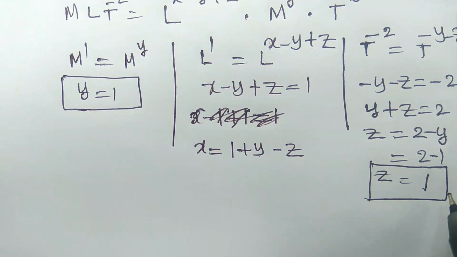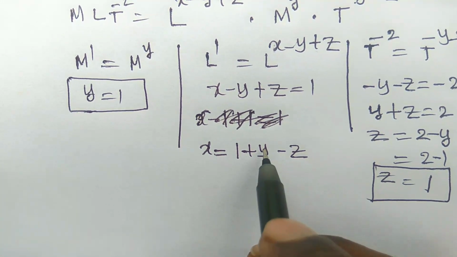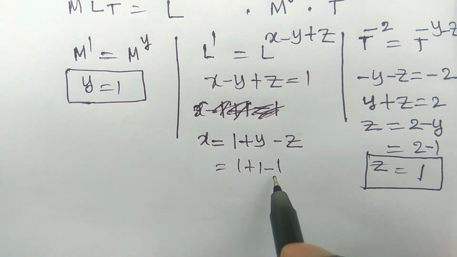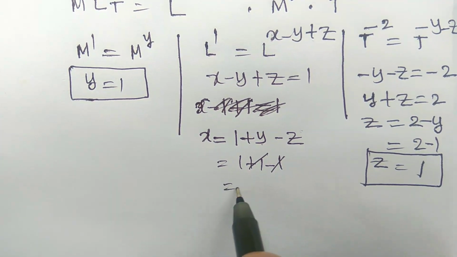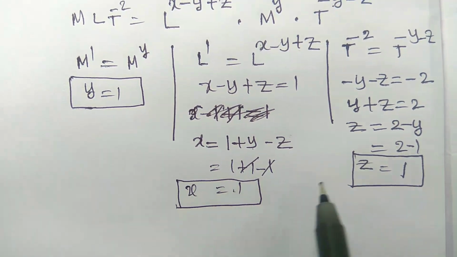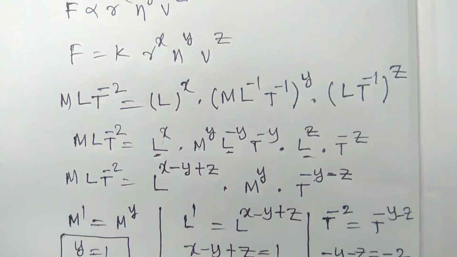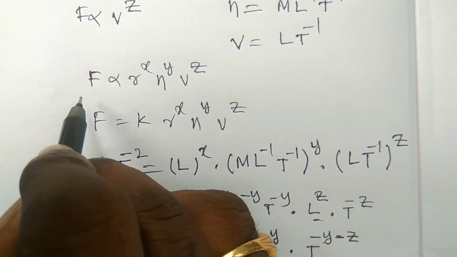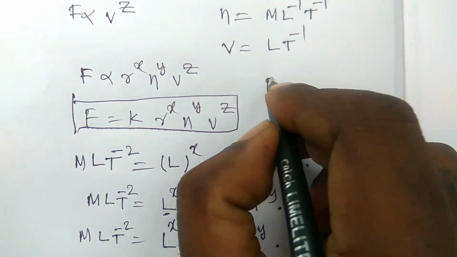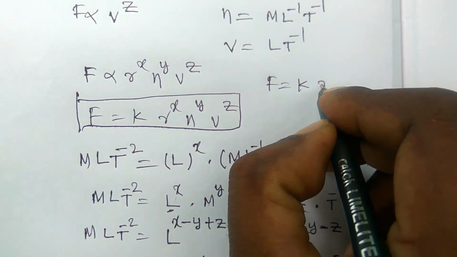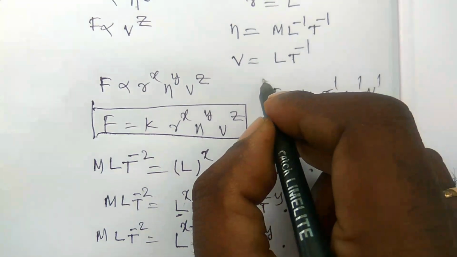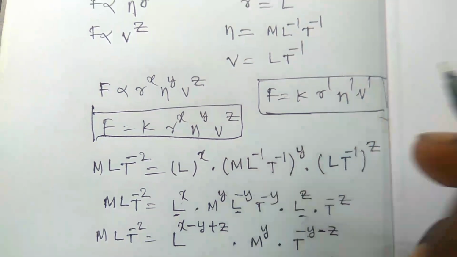So y is equal to 1 and z is equal to 1. The 1 minus 1 can be cancelled out. It is 1 plus 1 minus 1, so they cancel each other and x is also equal to 1. x is equal to 1, y is equal to 1 and z is equal to 1. Then from this we can write the expression for the force. So F is equal to constant into R power 1, eta power 1, V power 1.